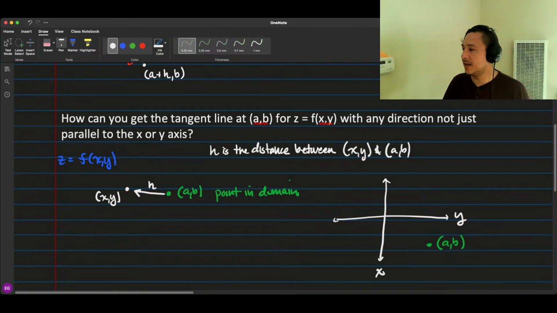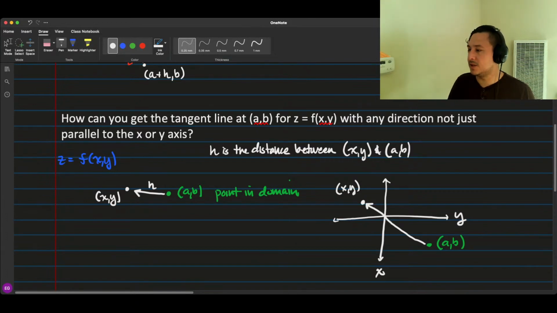And then let's say our other point, x comma y, is going to be, actually no, let's put it all the way over here, so there's just enough space. So there's your x comma y. And then the distance between them is h.